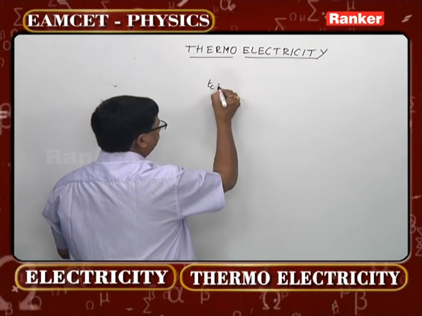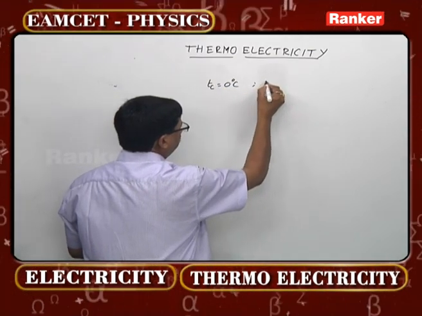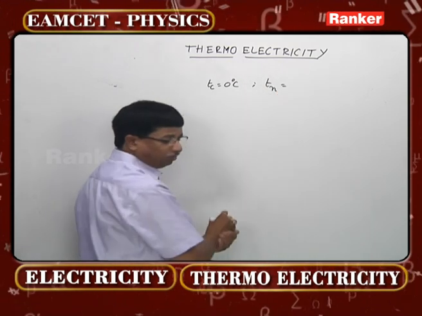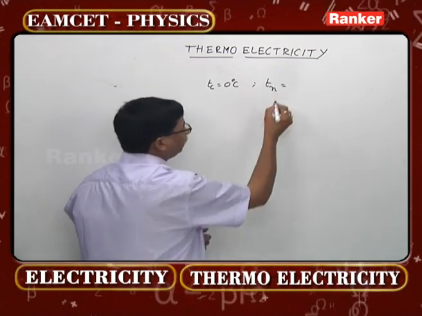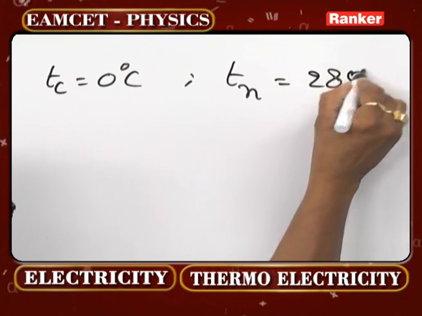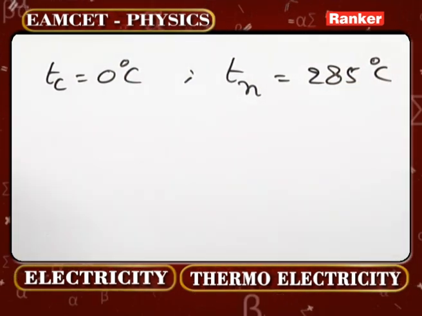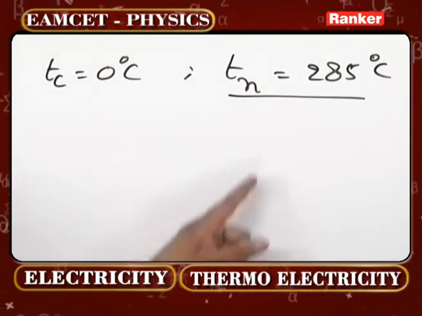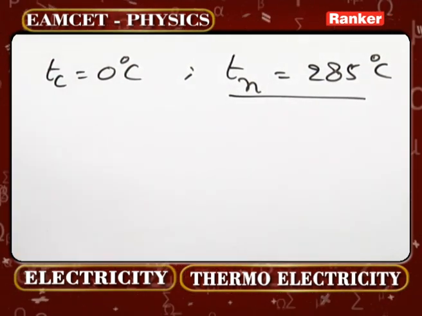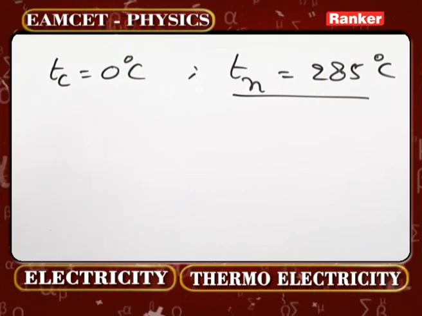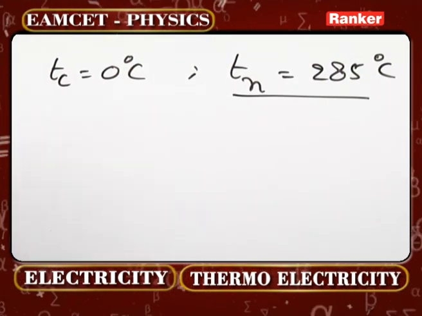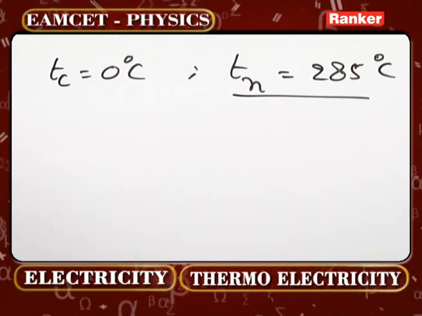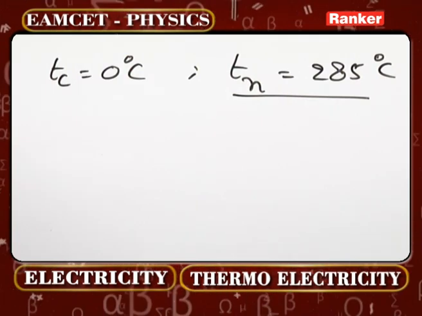Temperature of cold junction is maintained at 0 degrees. Neutral temperature is given as 285 degrees centigrade. So firstly you take till this extent. You can all understand directly neutral temperature is independent of cold junction temperature. Already I have repeated that point in the theory as well today. That means neutral temperature does not depend on the cold junction temperature.